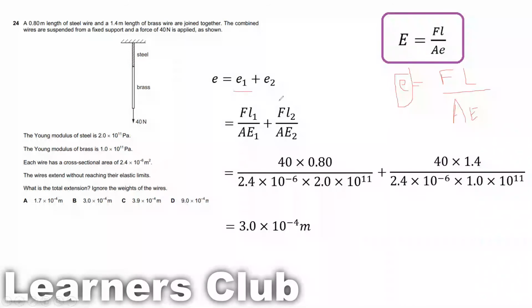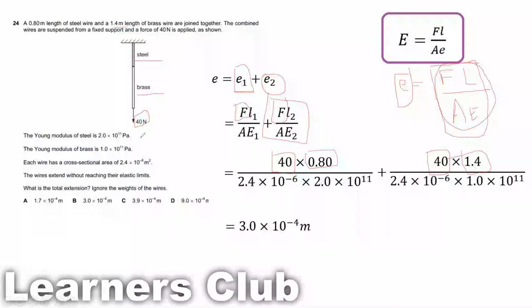In place of E1, substitute the values for steel, and in place of E2, the values for brass. The force given to steel and the force given to brass are the same, that is 40 newton. So in both cases I've written 40. Then the length of steel is 0.80 meter, and for brass the length is 1.4.